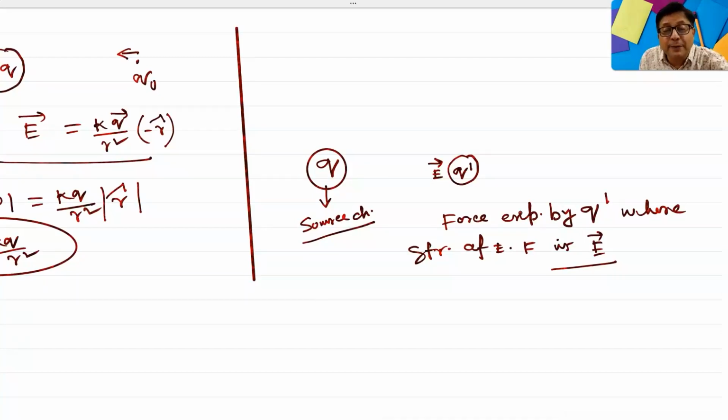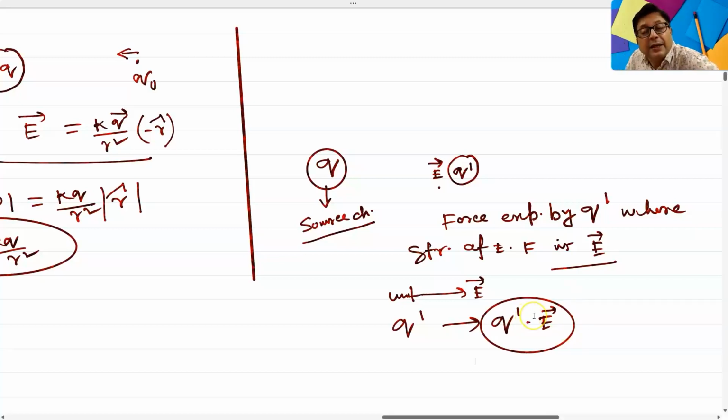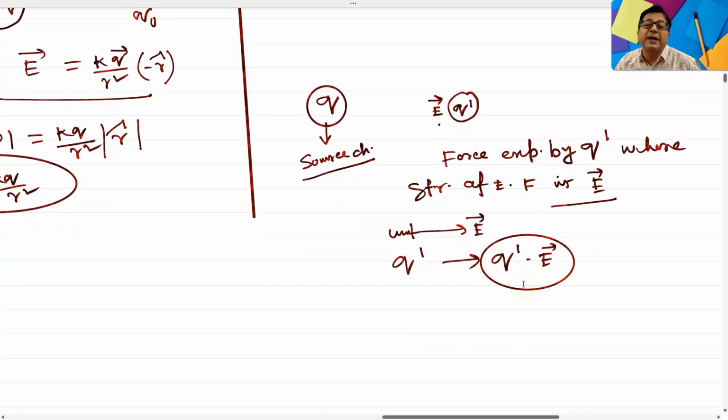So by definition, strength of electric field is the force experienced by unit positive charge. So you can go by unitary method. Unit positive charge will experience a force E. If the charge Q dash is there, it will experience Q dash into E. Okay, this you should keep in your mind. So a charge, when it enters the electric field created by a source charge, will experience a force which is given by the magnitude of charge multiplied by E.